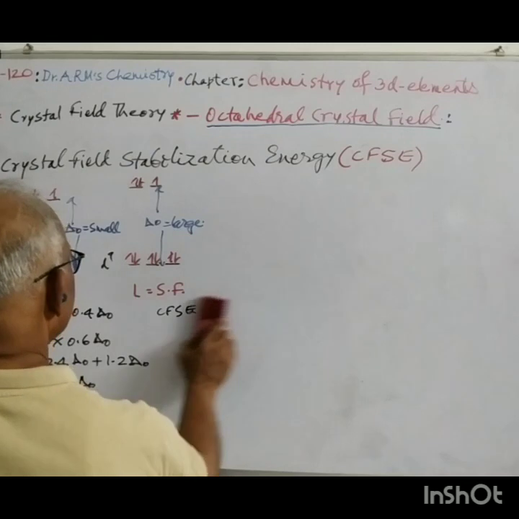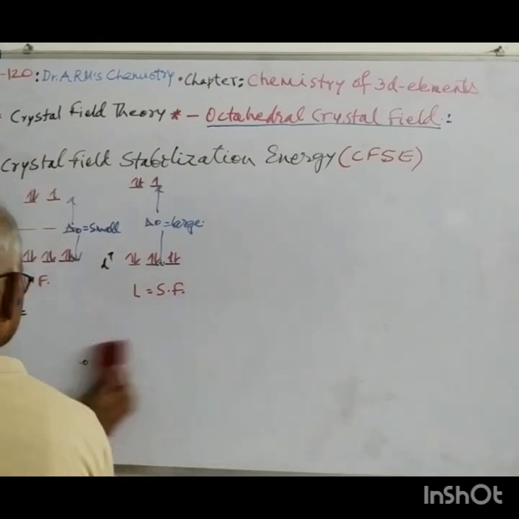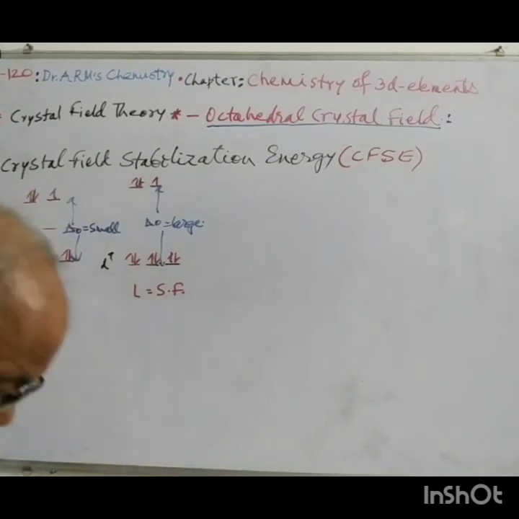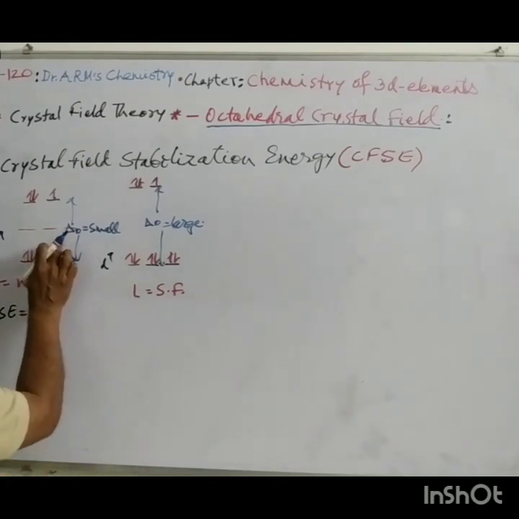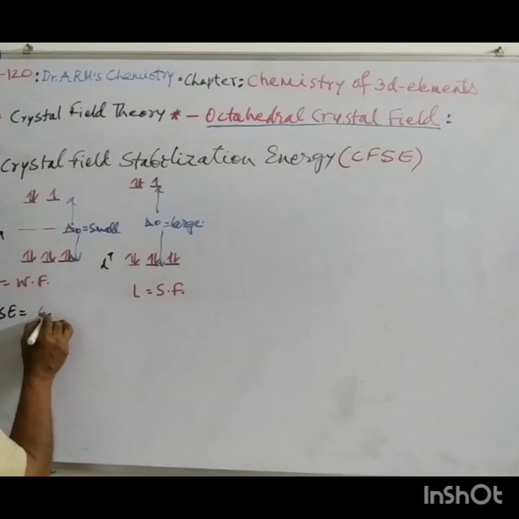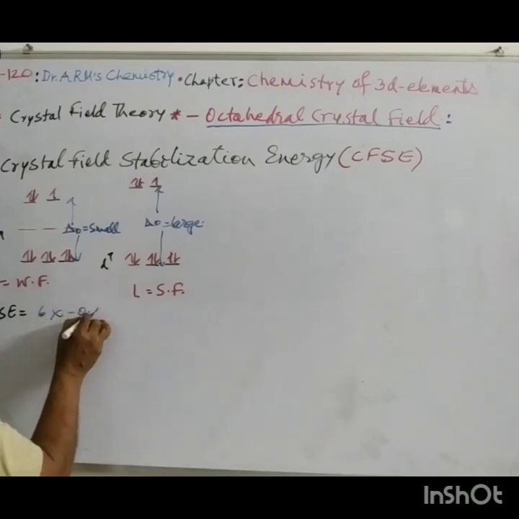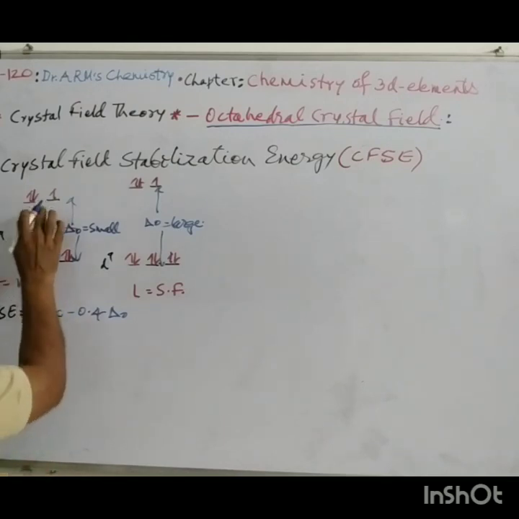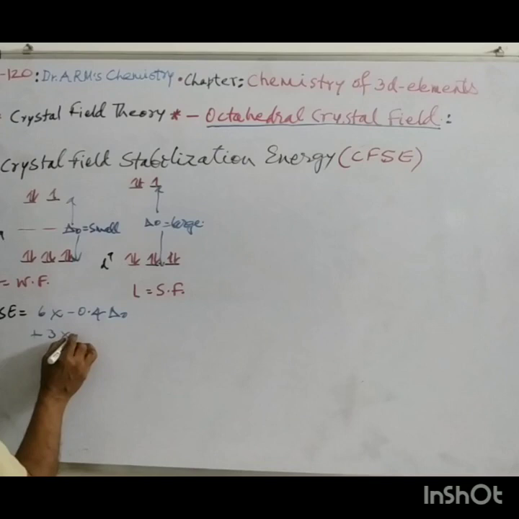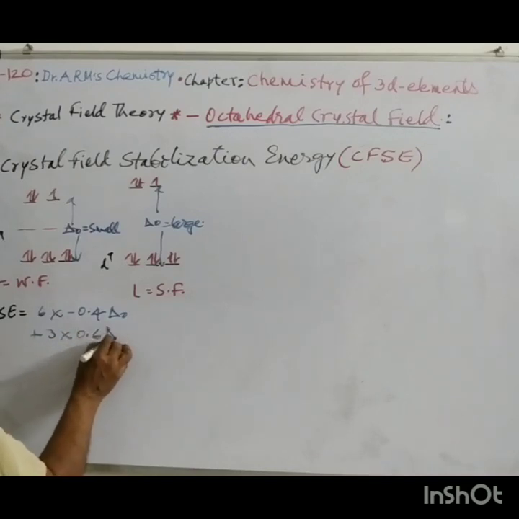Now if we see the value, you will find that 6 into minus 0.4 delta O plus 3 into 0.6 delta O. So how much will we get?